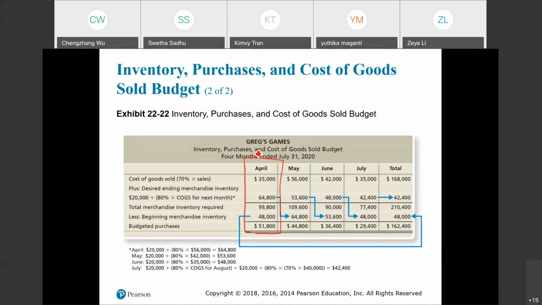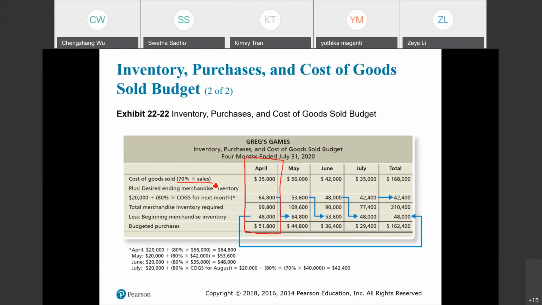The predetermined rate of COGS is 70% times the budgeted sales. In the previous slide, in the sales budget, the budgeted sales for April is 50,000.